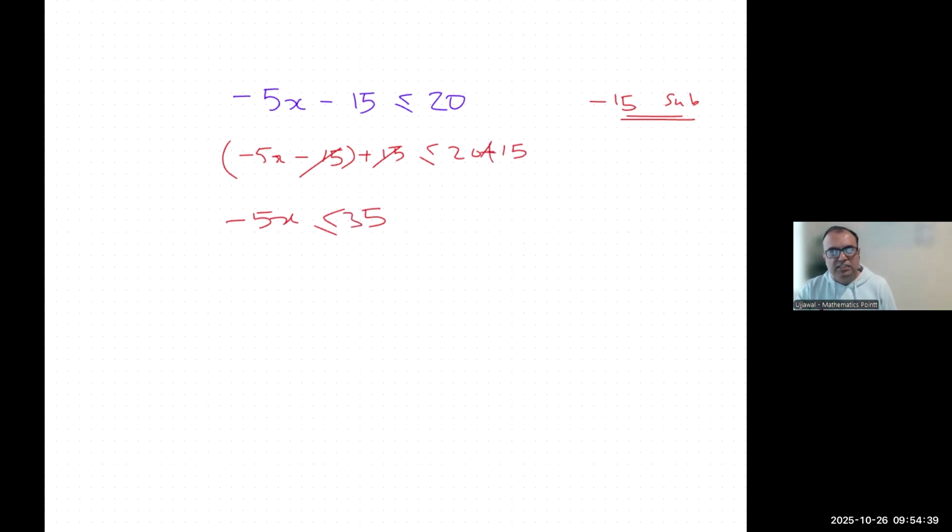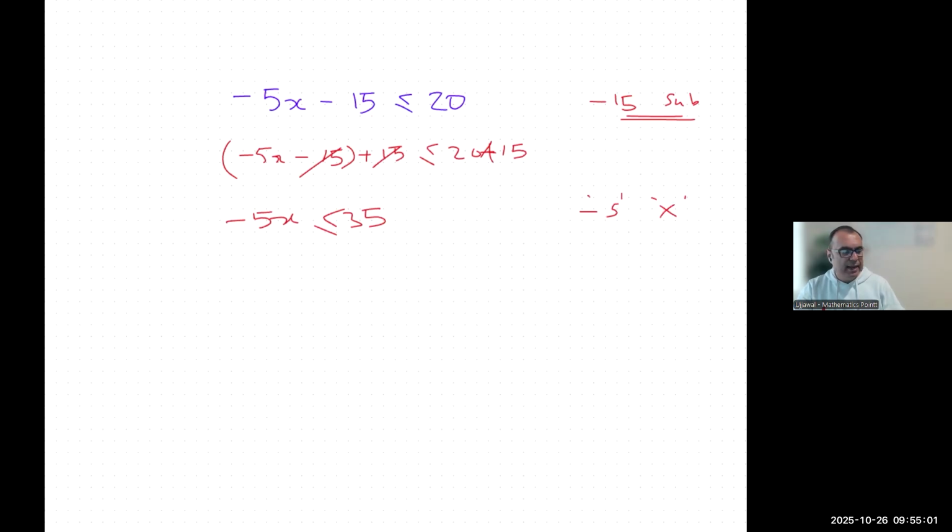Now, which is the next number I should get rid of? -5. That's the only number sitting with x. And what exactly is it doing to the x? Plus, minus, multiply, divide? Multiplication. Good. My rule kicks in.